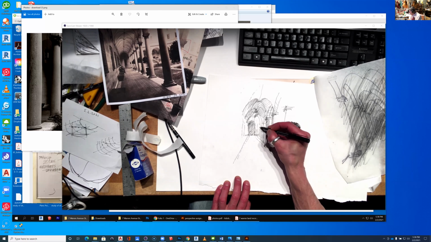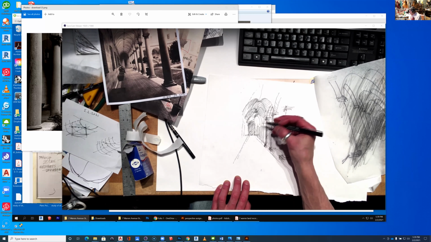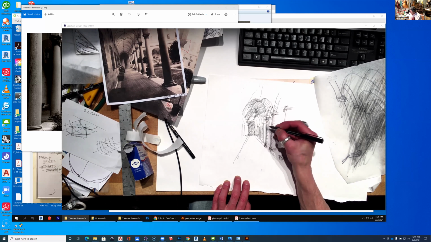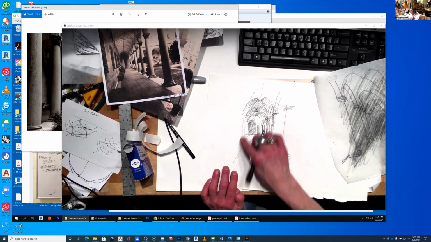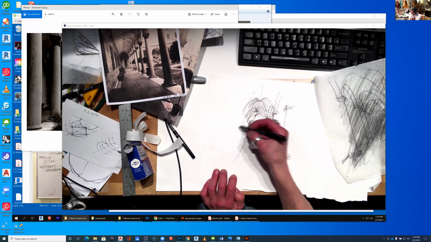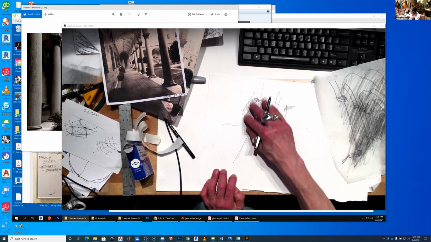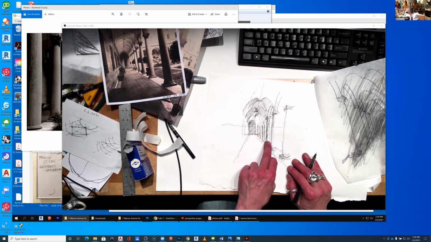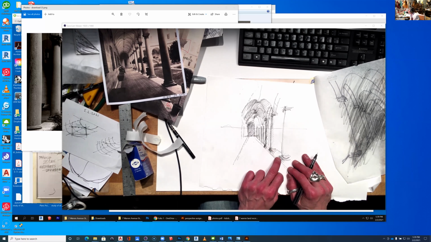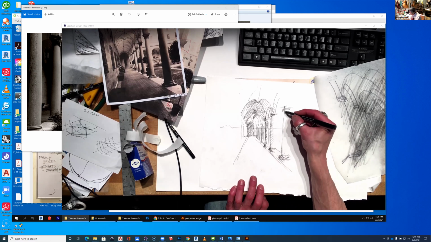If you're more comfortable drawing directly onto the paper from a sketch of the lines, you could do that as well. I'm not going to look for every single column, right? It isn't necessary to do that.